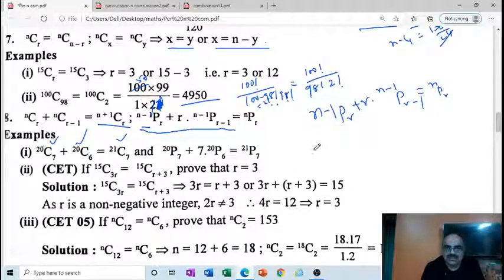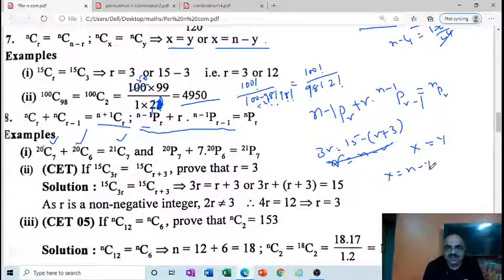One more way: 3R is equal to 15 minus R plus 3. X is equal to Y is one way; another one is X is equal to N minus Y. That's the formula. So 15 minus R plus 3.